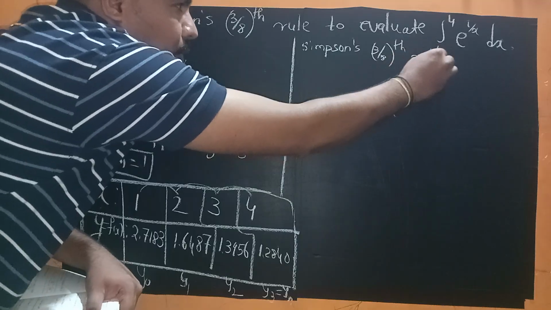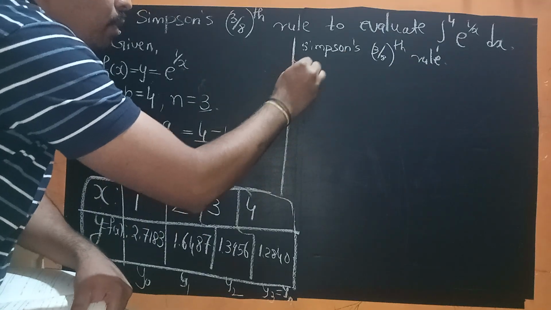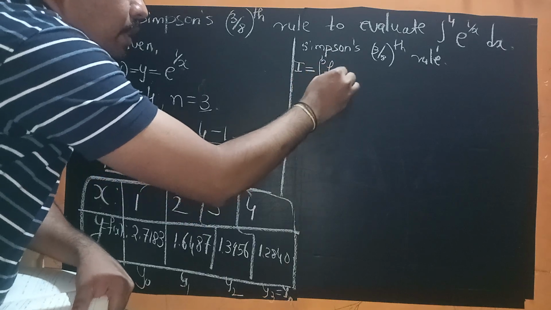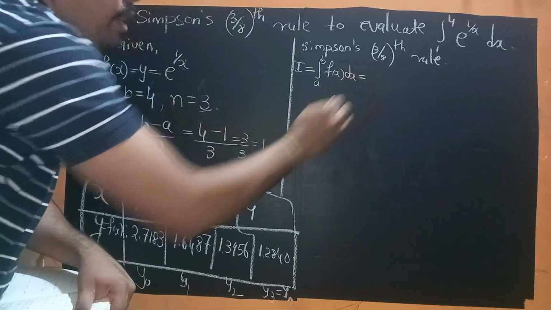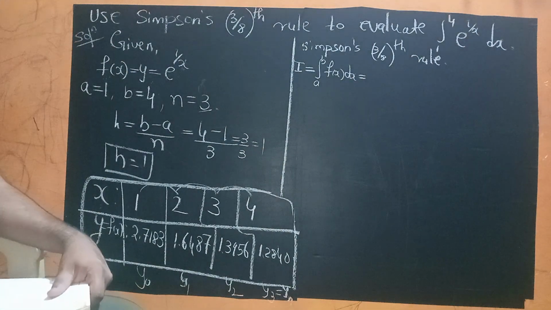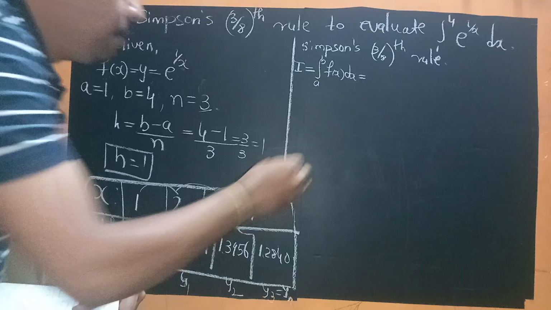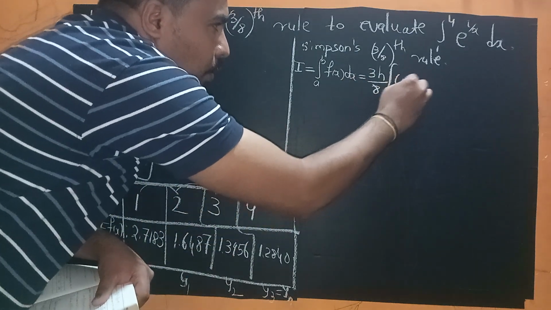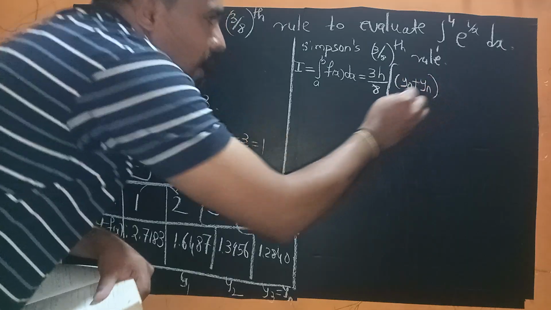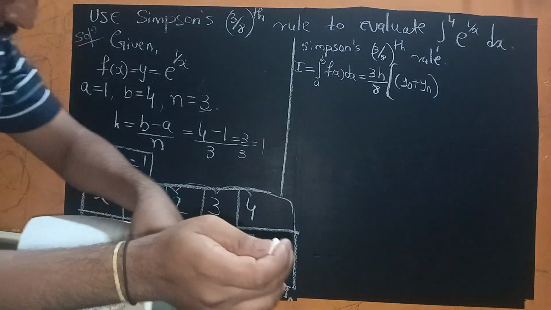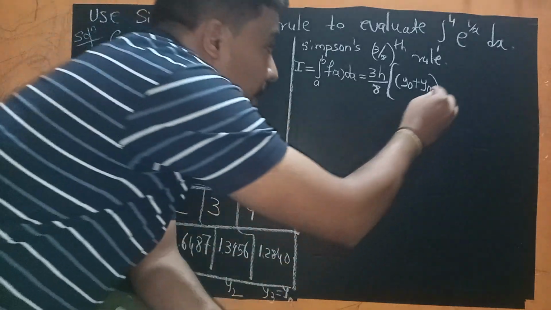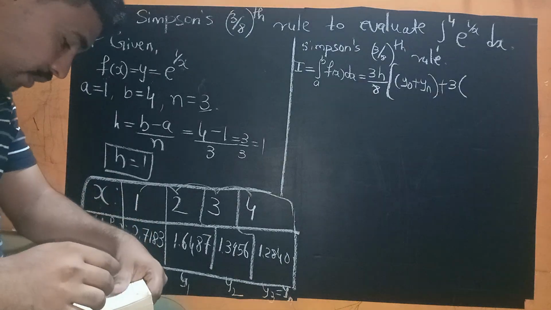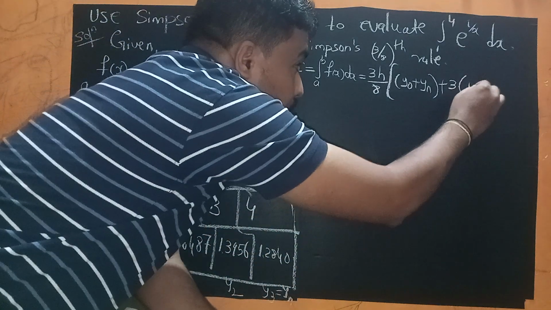Simpson's 3 by 8th rule: I equal to integral a to b f of x dx. This is the general formula I am writing. It starts with 3h by 8 into y0 plus yn plus 3 into y1 plus y2.